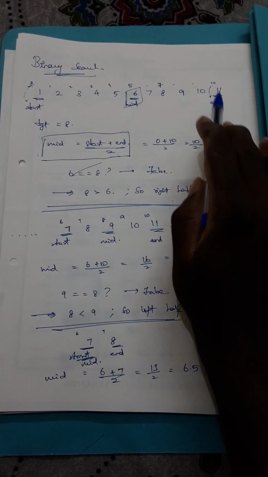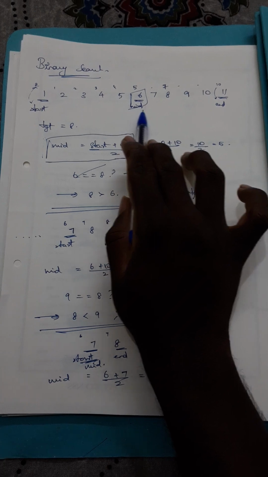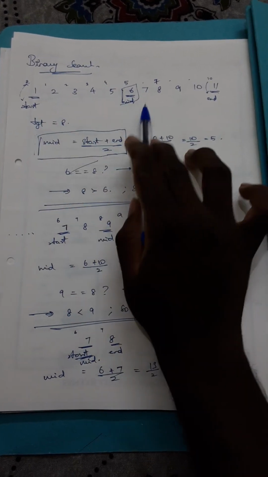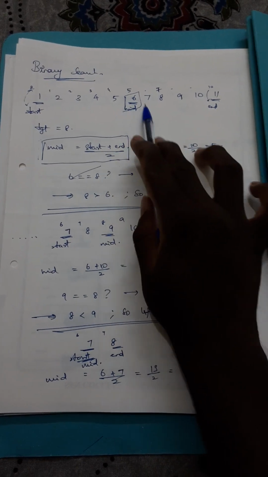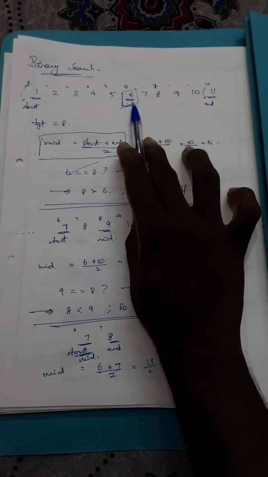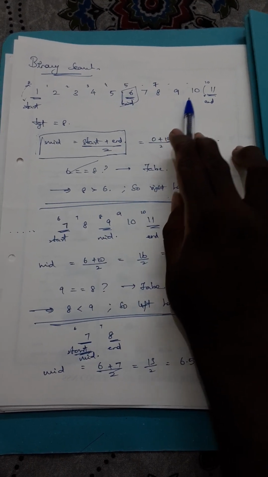Since this is sorted, it cannot be in the left part because the values before the middle will obviously be smaller. So there's no need to compare it with those. You can directly compare it with the values that are greater than the middle value. That is the logic being used here.